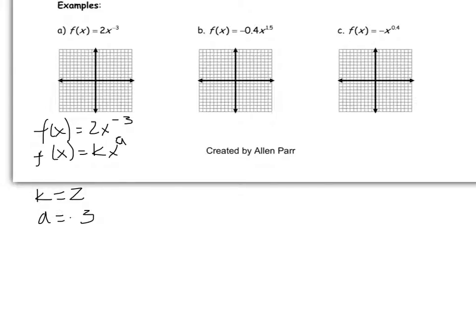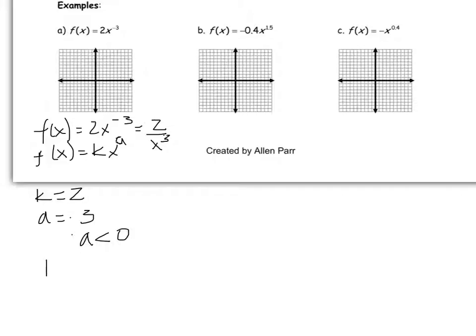With that being said, I know that because my a value is less than 0, it's going to look like that of a rational function, because it's going to be written in the denominator. I can rewrite this as 2 over x to the third power. If I did it this way, most of you would realize, oh okay, my x is in the denominator, so half of my graph needs to look like that of a rational function.